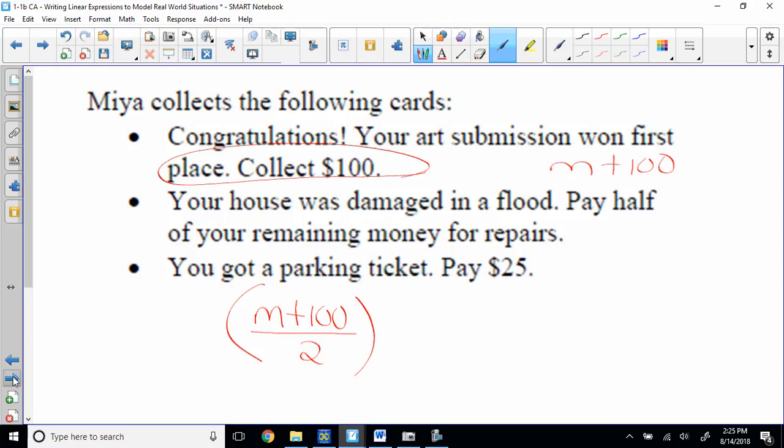Now, minus what? Why is it minus 25? Yeah. If you have to pay for a parking ticket, that's money coming out of your pocket. Exactly correct. Any questions about this problem so far? You good?